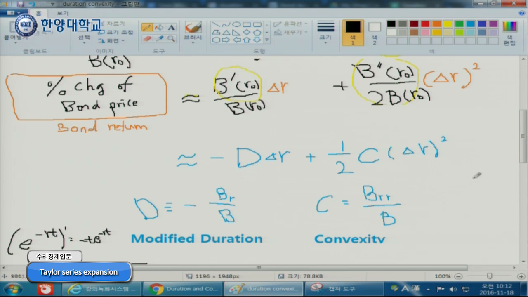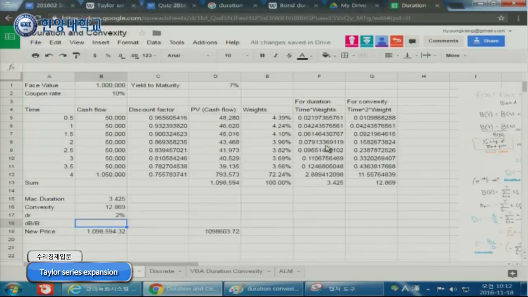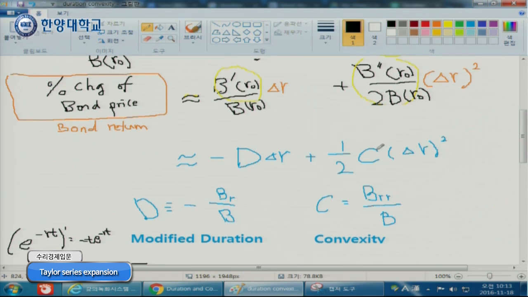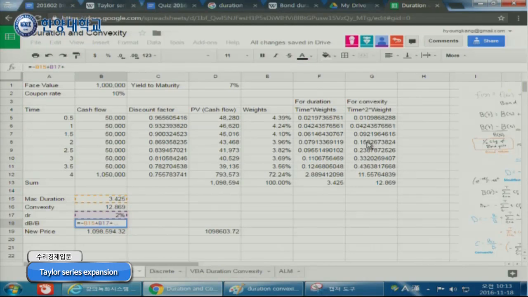Then I can use this formula. The change of bond price is basically minus the duration, Macaulay duration, multiplied by the change of interest rate, plus half of the convexity, that is, convexity multiplied by the change of rate squared, divided by 2.